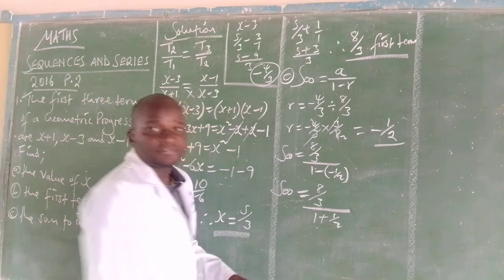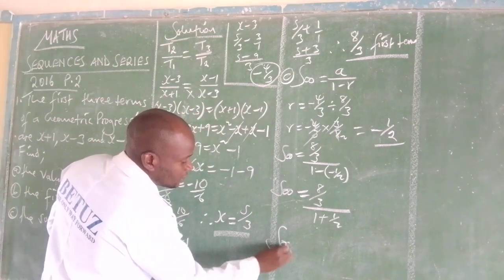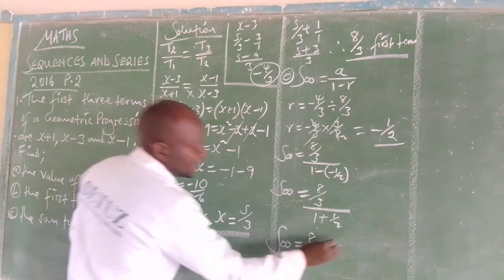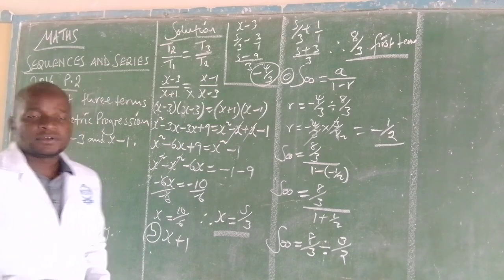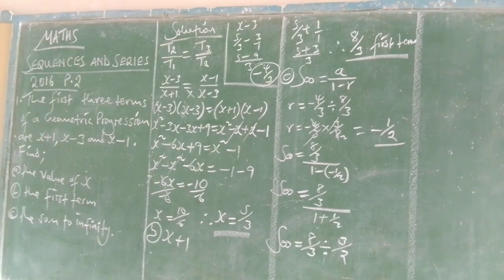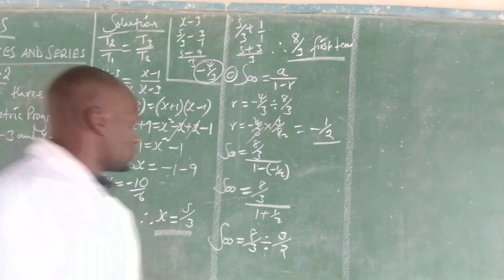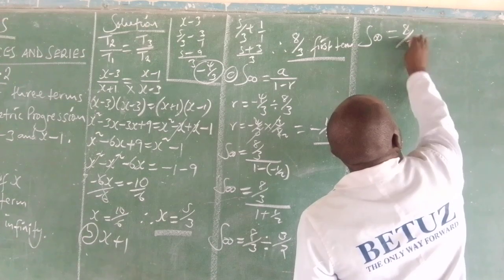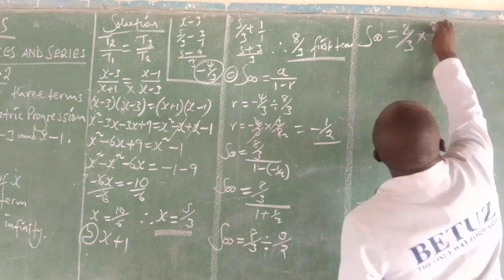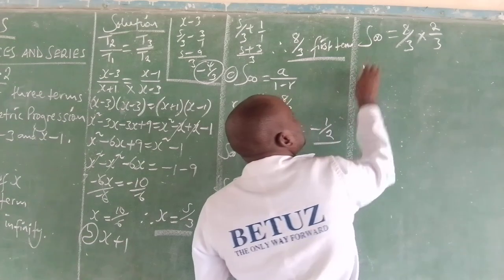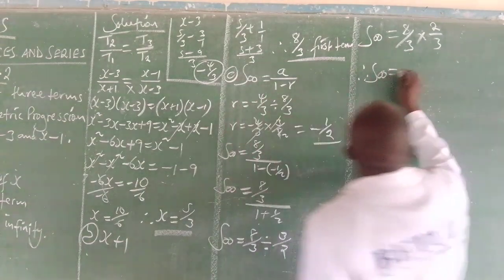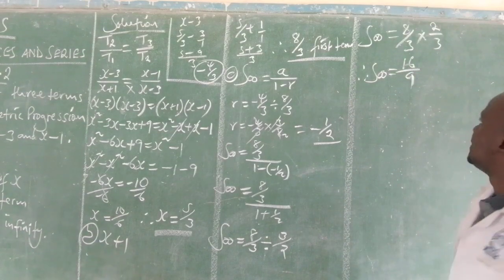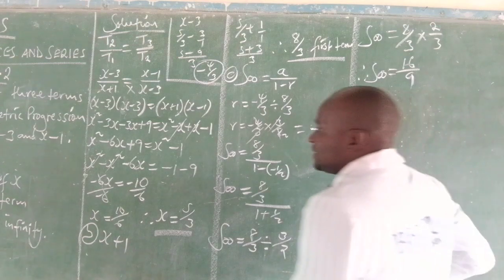So we have 8/3 divided by 3/2. Finally, the sum to infinity is 8/3 multiplied by 2/3, which is 16/9. This is the sum to infinity.